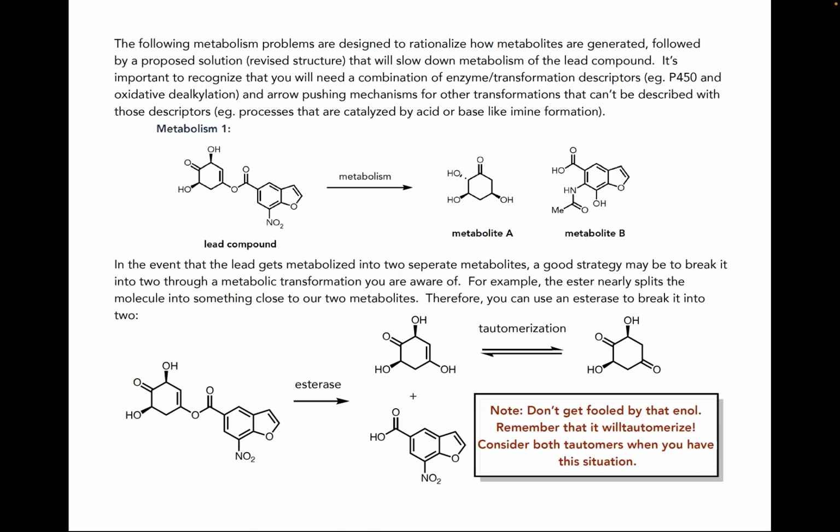Not that this is unstable, but you have to keep in mind that the top one is actually a tautomer of the ketone. So both of those could be in play as you continue on in the metabolic sequence. So you have this first breakdown, it generates the corresponding alcohol and the carboxylic acid, but then the top molecule can go through tautomerization and it can generate the corresponding ketone.